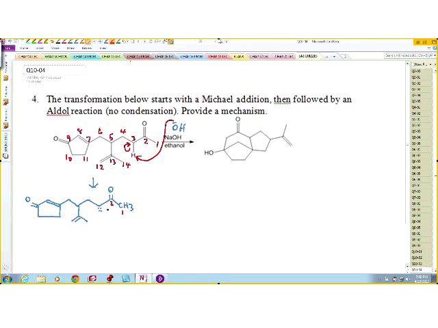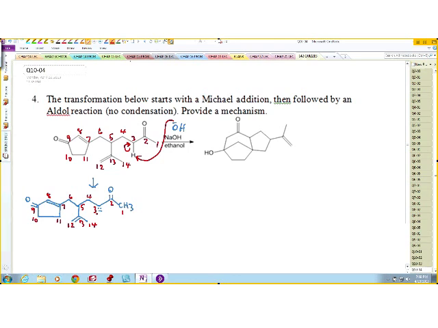Carbon 1, 2, carbon 3, 4, 5, carbon 6, carbon 7, carbon 8, 9, 10, 11, 12, 13, and 14.